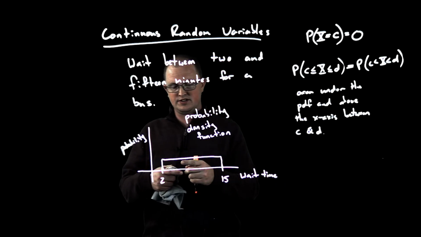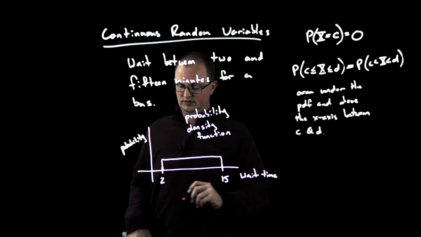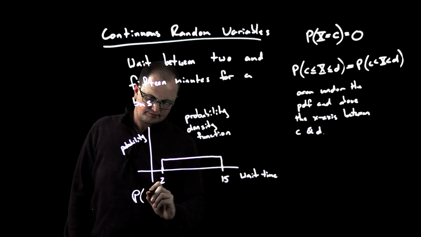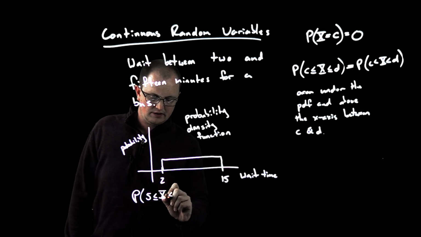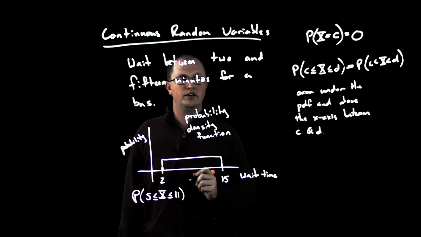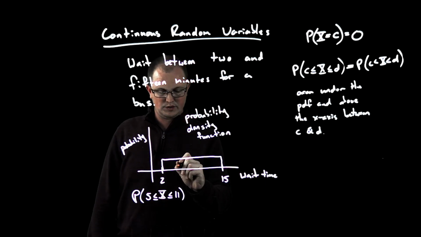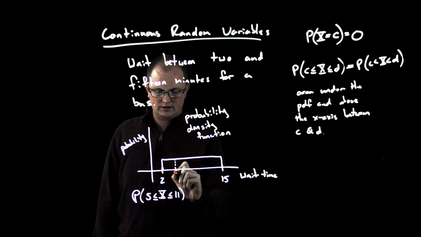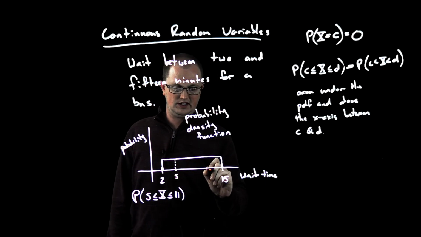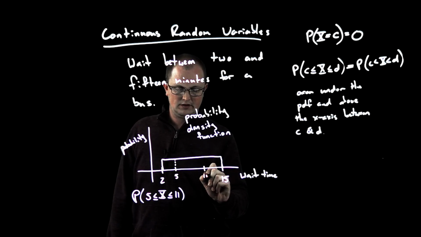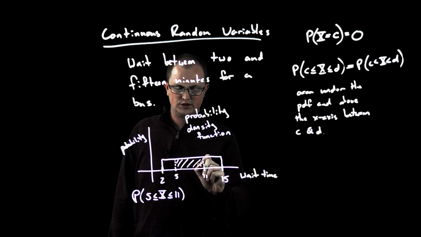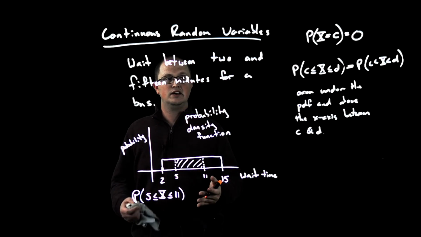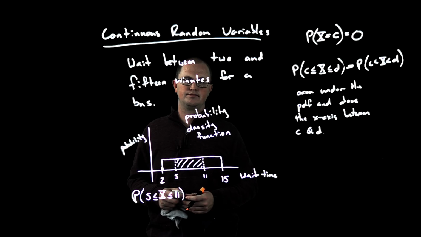So in this case, if we wanted to ask, what is the probability that we wait between 5 and 11 minutes? The way we would figure that out is we would calculate the area underneath here between 5 and 11, and that would give us our probability.